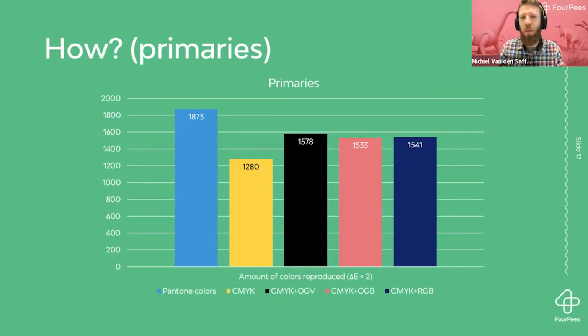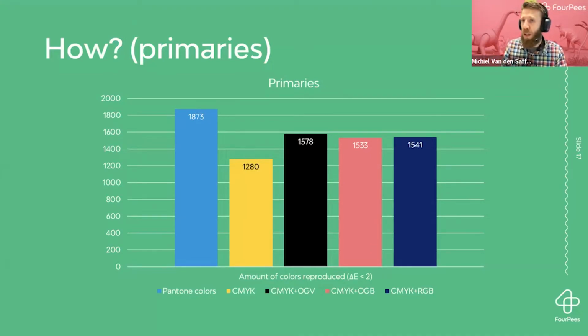Then we have on the right here, CMYK, orange, green, and blue in the pink bar. With that color combination, we have 1,533 colors. Why blue? Well, because if you look at RGB as our primaries or secondaries, it might be an interesting idea to use RGB, which are normally our secondary colors, as our extra primaries that we're using.